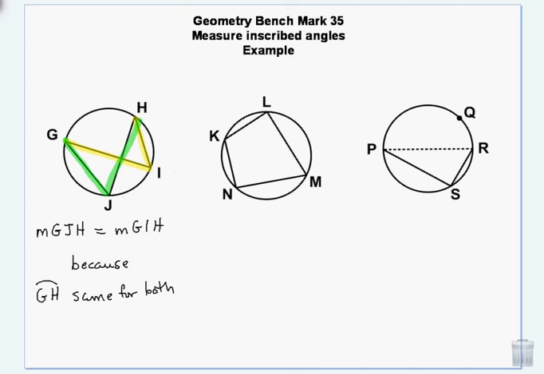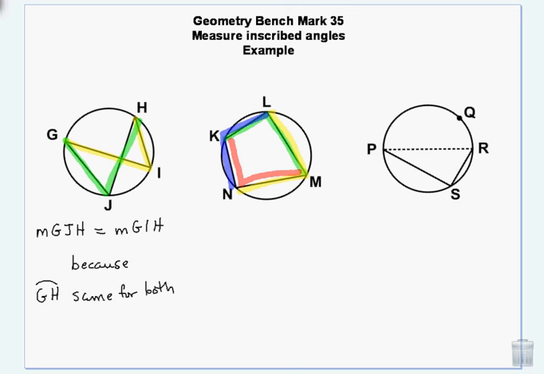Okay. Here I have one angle that's green, one angle that's yellow, right? I have a red angle, and I have a blue angle. 4 angles, 4 vertices. Okay.